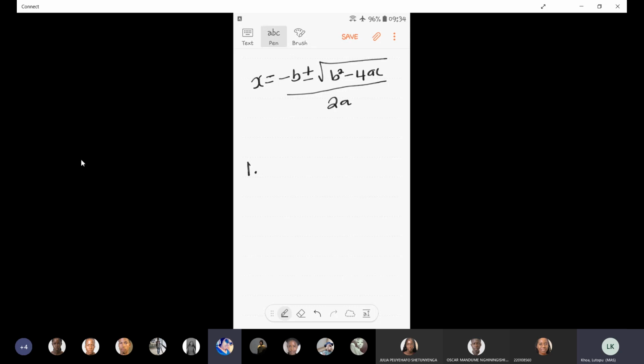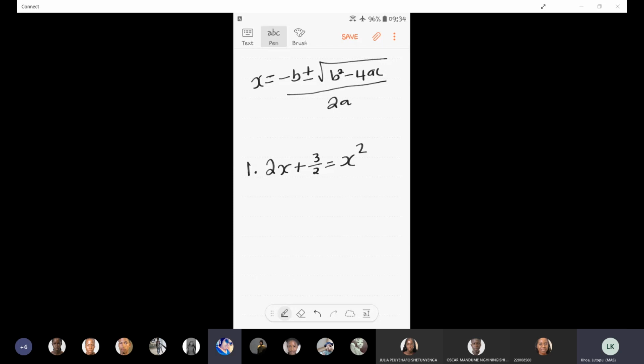So we have 2x plus 3 over 2 is equal to x squared. We have to solve this using the quadratic formula. The first thing we need to do is write it in standard form.